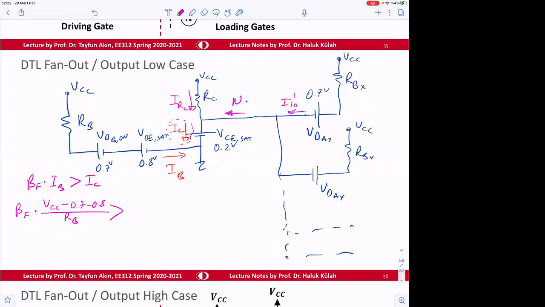IRC, which is 5 minus 0.2 divided by RC, plus N times 5 minus 0.7 minus 0.2 divided by RBX. Okay, so from here N can be determined.